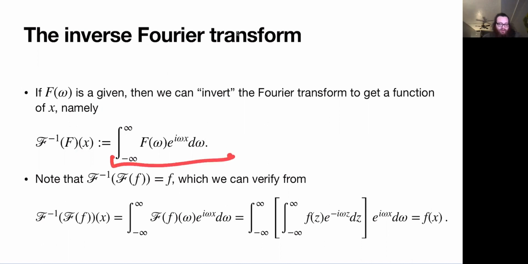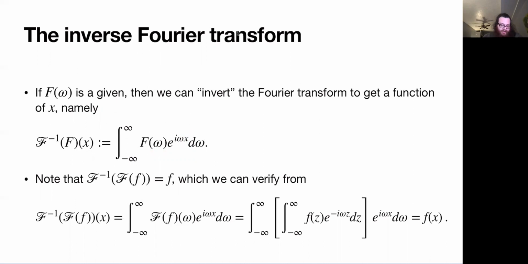Well, we just integrate out our function of omega multiplied by e to the i omega x. And so two things to keep in mind. One, the sign is different than the forward Fourier transform. The other thing is, we don't have a constant in front. Okay? But otherwise, we're integrating out omega. The only free variable in this integral now is x. So this whole thing is now a function of x. Okay?